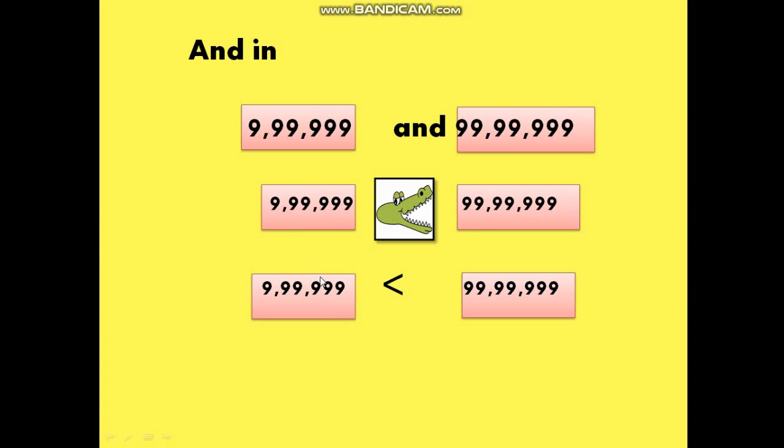See, again the crocodile is going to open its mouth towards 99,999. Very easy. Just remember this sign. It will be open towards the bigger number and its back will always be towards the smaller number. Whether the bigger number is towards the left hand side or right hand side does not matter at all.